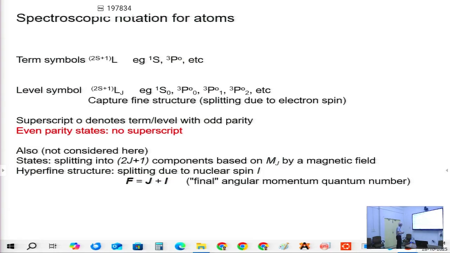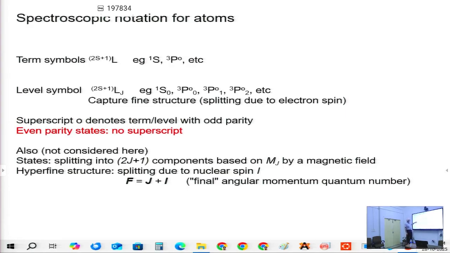S is 0, P is 1, D is 2, F is 3, G is 4, and so on. So this is the orbital angular momentum. My students insist on calling this 1s. It isn't. It's singlet S, because it's a degeneracy. This is not 3p, it's triplet P, because it's a degeneracy. 3p is an orbital. Triplet P is a term symbol.